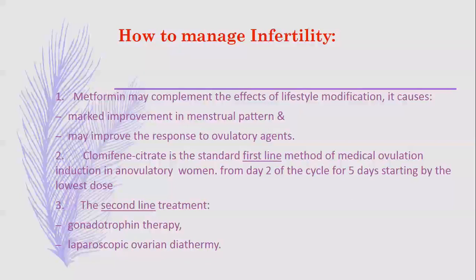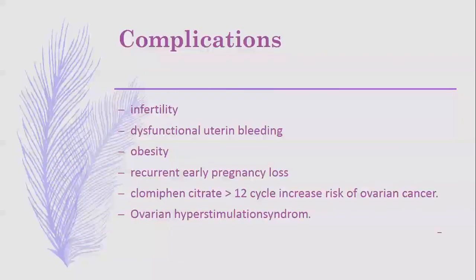Start from day 2 of the cycle for 5 days, starting with the lowest dose, and then increase the dose in the next cycle, up to about 6 cycles. The second line of treatment is gonadotropin if the patient is resistant to clomiphene, and if she is still resistant, we can do laparoscopic ovarian diathermy. This is for patients with clomiphene-resistant polycystic ovary syndrome.